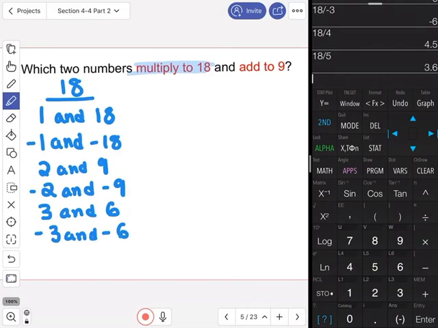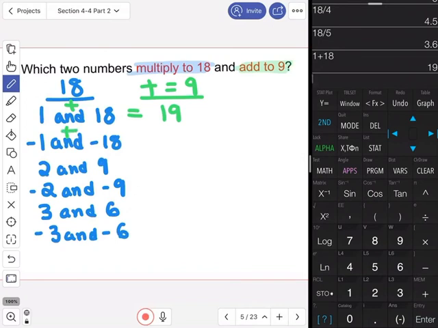The next thing is you want to figure out which pair adds to equal 9. So which set of them adds to equal 9? If I add 1 plus 18, it gives us 19. Then if I add negative 1 plus negative 18, it gives you negative 19.